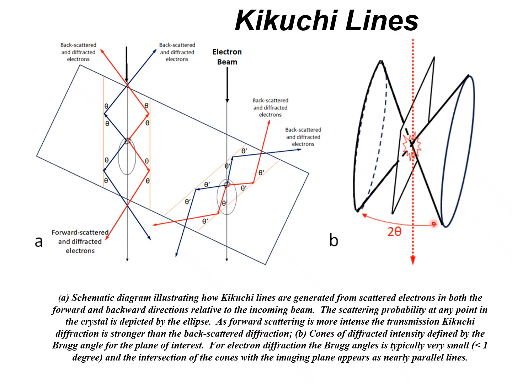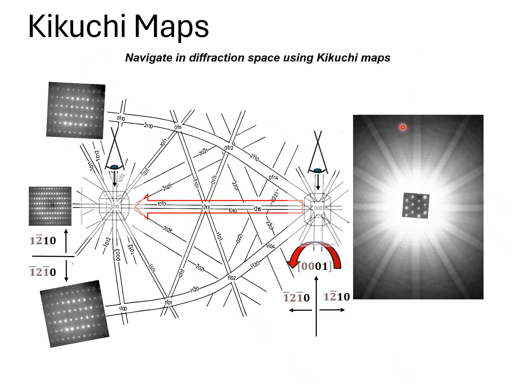What you'll get is these cones of diffracted intensity, and these are called Kikuchi lines, and they can be imaged not in the TEM image, but in the diffraction pattern. So this is what Kikuchi lines look like. This is the basal orientation for zirconium, and this is what's called a Kikuchi map.